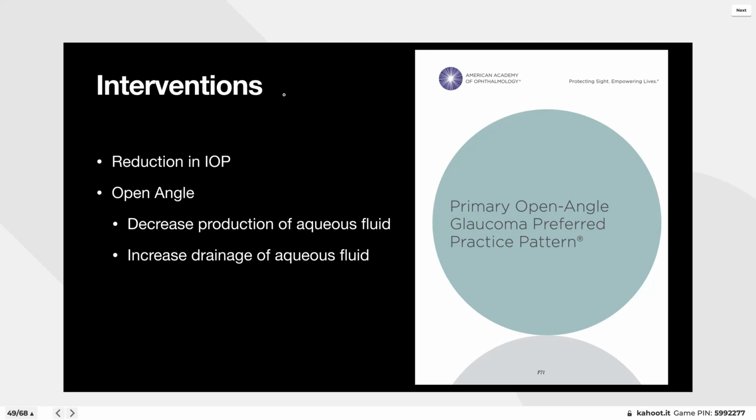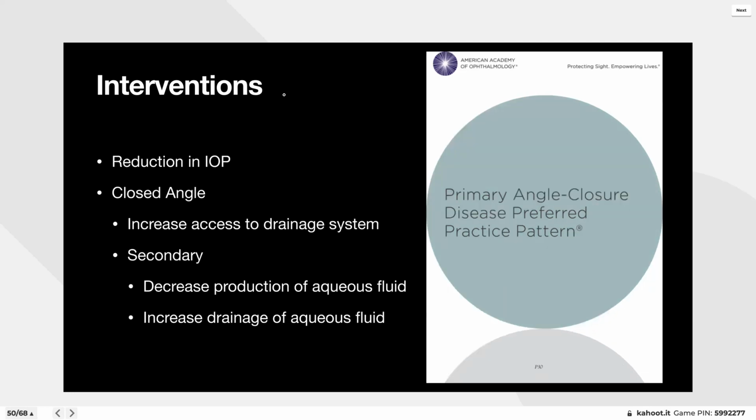Because as I mentioned, glaucoma and increased pressures are when there's an imbalance between the amount of fluid that's created and the amount of fluid that is drained. Now we're looking at angle closure. So that second component, this is the preferred practice pattern for primary angle closure. In this case, our goal is not necessarily just to reduce the pressure, but rather to increase the access to the existing drainage system.